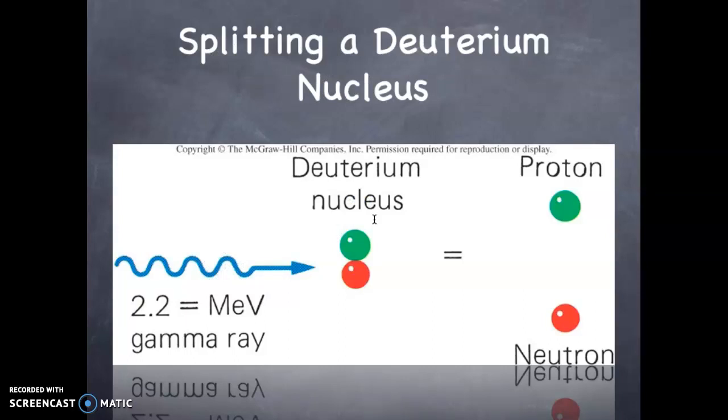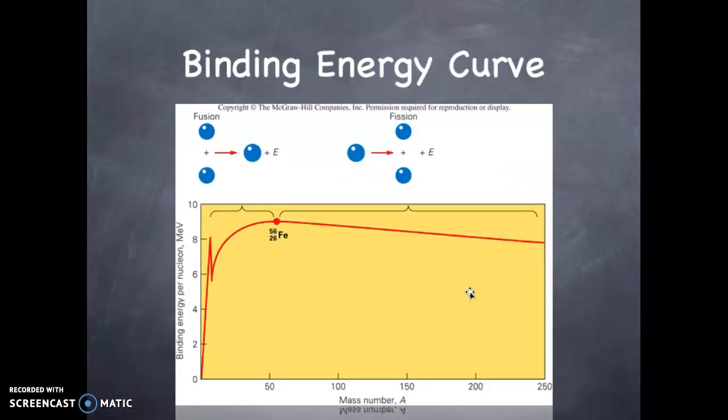A rendition of how a deuterium nucleus is split by a 2.2 MeV gamma ray. So the ray strikes the deuterium nucleus and breaks it up into a proton and a neutron. You will find that the nucleus with the highest binding energy is iron, Fe-56.